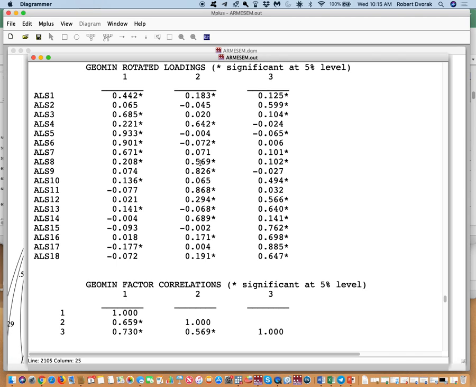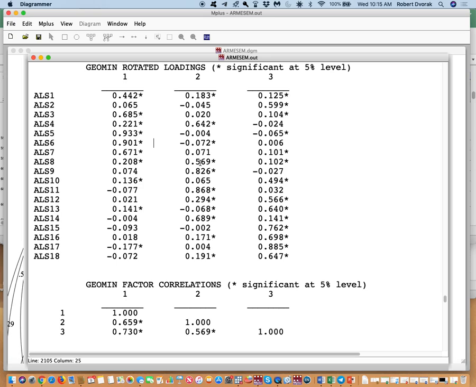Okay, how many items do we have on factor 1? Count them up for me. Somebody, whoever wrote them down? We have 5. How many items do we have on factor 2? And on factor 3, by process of elimination, we should have 8, right?